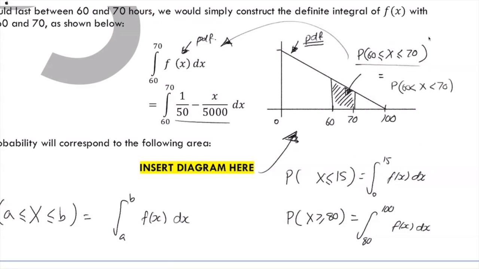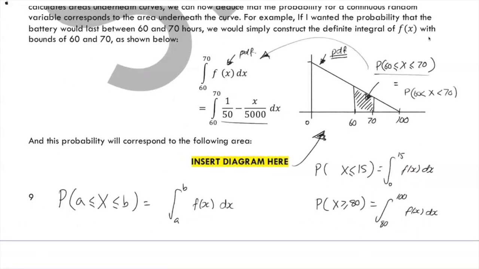Fair enough? Even the probability x is less than or equal to 15 is equivalent to the probability x is just less than 15. Does the area under the curve matter whether you include 15 or not? No, because that's an infinitely small number.